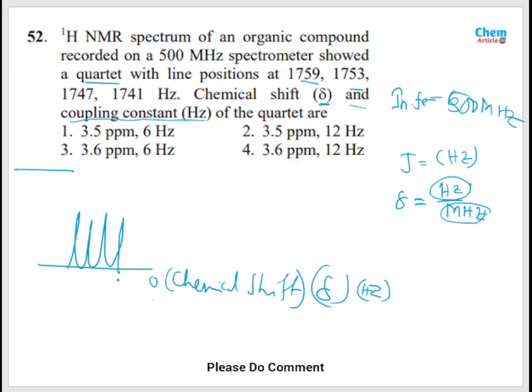This is 0 to above, and this is 41 and this is 47. The last two digits are put here, 53 and 56. This is the TMS line.